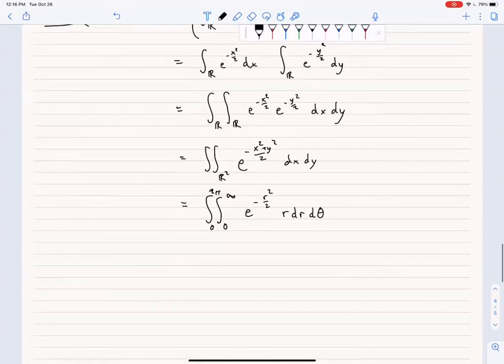Now I can do great things. I know how to integrate this, right? This is like e to the negative r squared, I guess I get a negative here, over 2, from infinity to 0. Now, as r approaches infinity, this e to the negative r squared approaches 0.